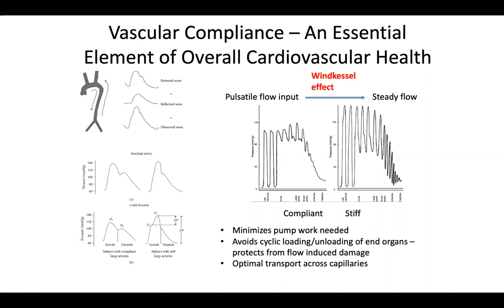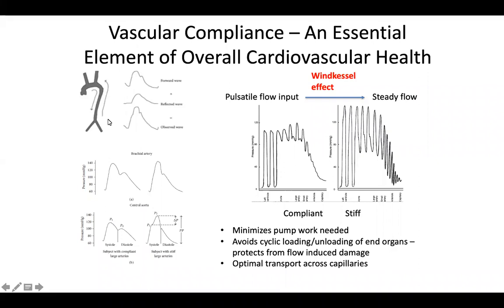The main thing is that when the heart beats and ejects blood, along with it comes out a pressure pulse. This pressure pulse is going to travel forward, hit some branch points, and then come back as a reflected wave. So you can see that there will be a bunch of forward waves, a bunch of returning waves that will all interfere with each other and result in this observed waveform.